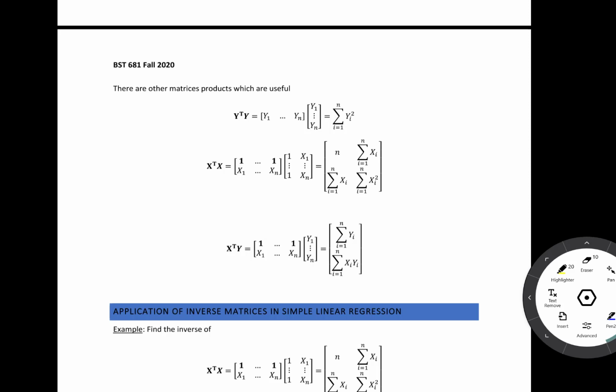Well, if you go back and look, you're going to notice that these matrices contain a lot of that information we needed to calculate those parameter estimates. So we've got the sum of the xi's, the sum of the xi squared, the sum of the yi squared, and the sum of the x times y. These are all pieces that we need to calculate those parameter estimates.